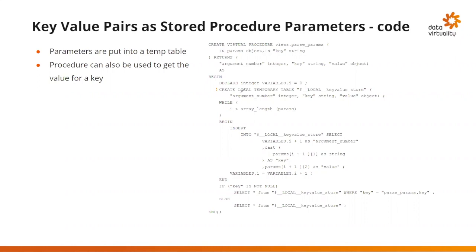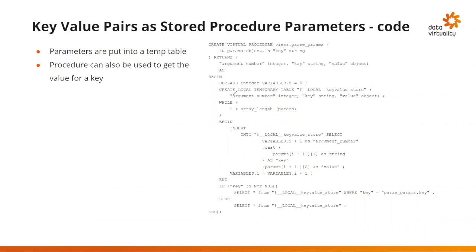Here we create this local temporary table, which exists in the memory of the server. It lives as long as the procedure lives, so we need to do something with it. To return something, as you can see down here, we select from it. The values of the temporary table are selected eventually and returned by the procedure.